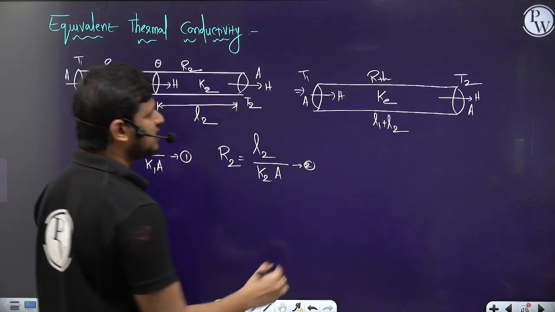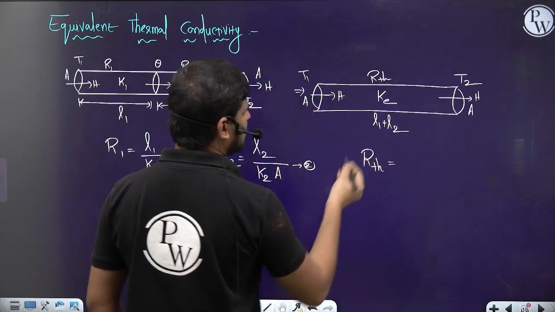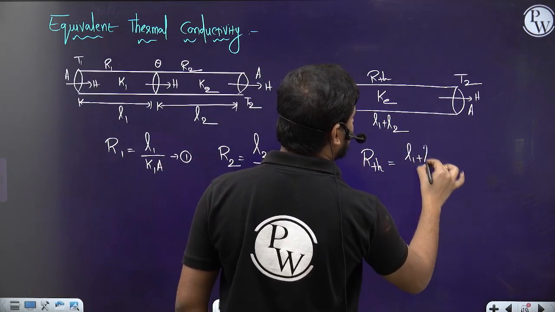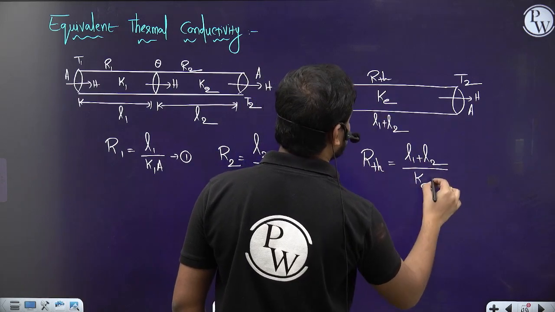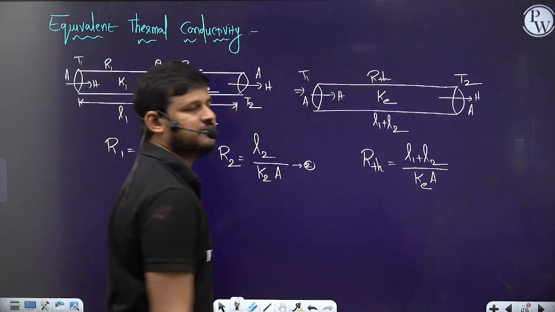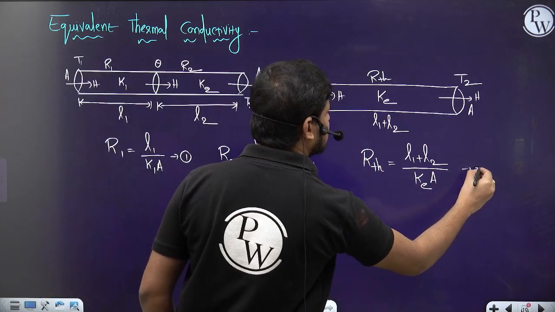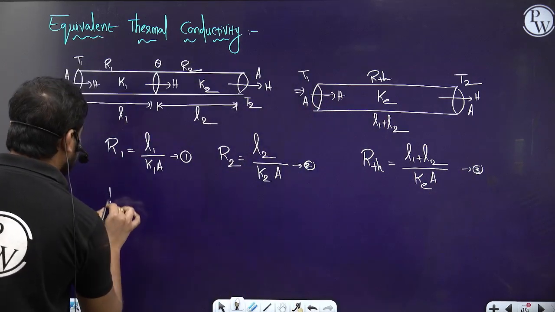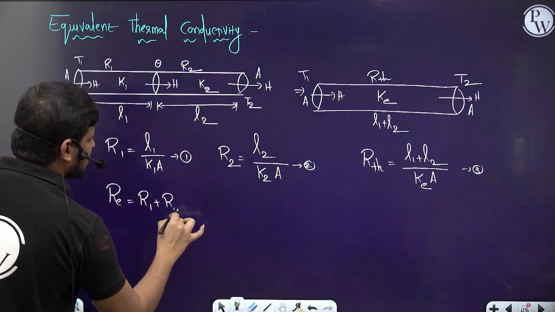Then RTH is equal to the total length L1 plus L2 of the composite rod by the total equivalent conductivity Ke, and the cross sectional area is the same. Let it be equation number 3. We know that R equivalent is equal to R1 plus R2 in the series combination of rods.